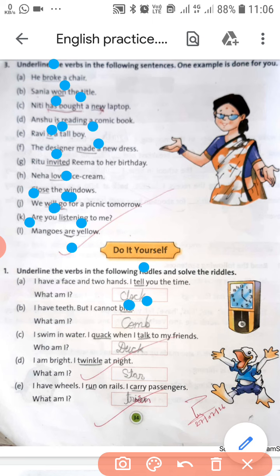I swim in water. I quack when I talk to my friends. Who am I? I am bright, I twinkle at night. So the action will be twinkle and the answer will be star. I have wheels. I run on rails. I carry passengers. So underline run and carry, and the answer will be train.